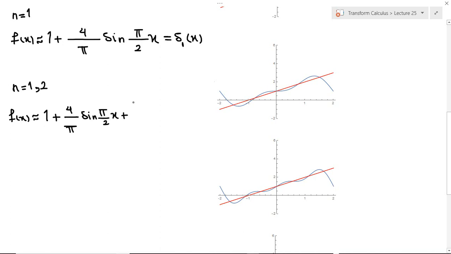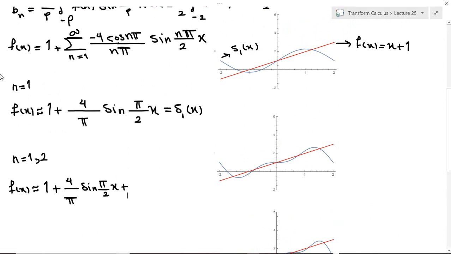And if n is equal to 2, cosine 2 pi is equal to 1, so we have minus 4 in the numerator, and in the denominator 2 pi, times sine(2 pi divided by 2 x), which is pi x. I call it S2(x), the second Fourier series.